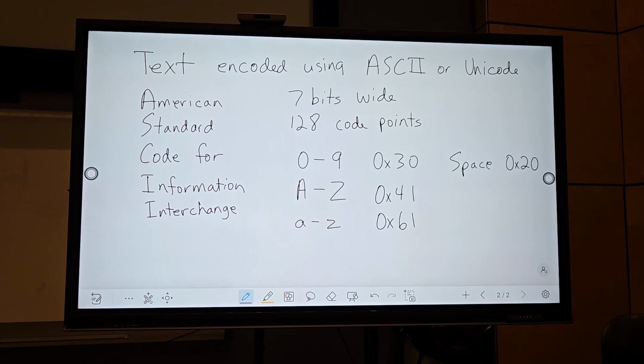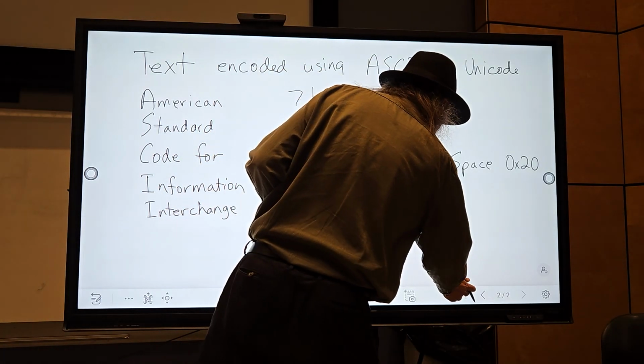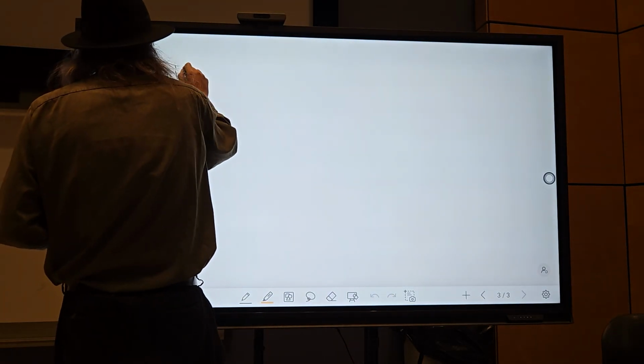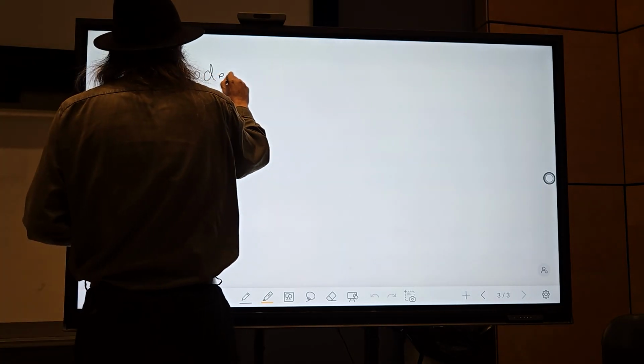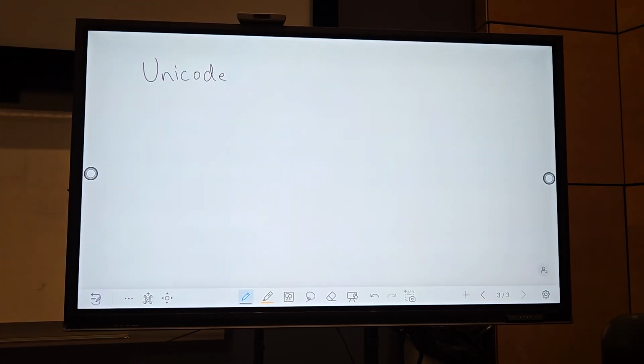Now, Unicode was developed because, well, as the name implies, American Standard Code for Information Interchange. It was made for American machines and various devices.